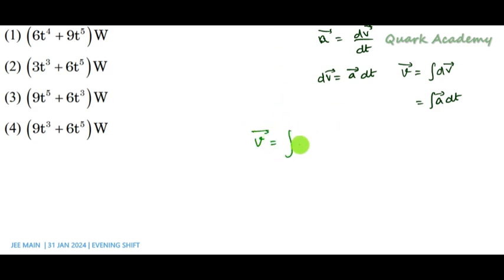Velocity equals the integration of a dt. A is 60 i cap plus 6t squared j cap, dt. Oh sorry, this is force. Acceleration is 3t, 3t squared.